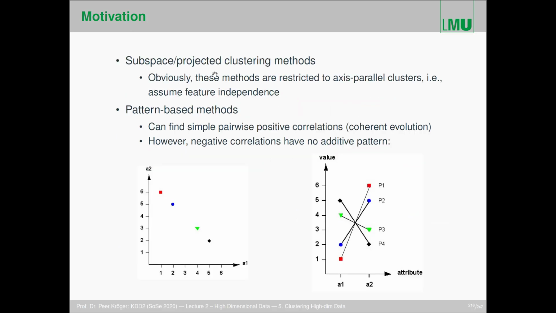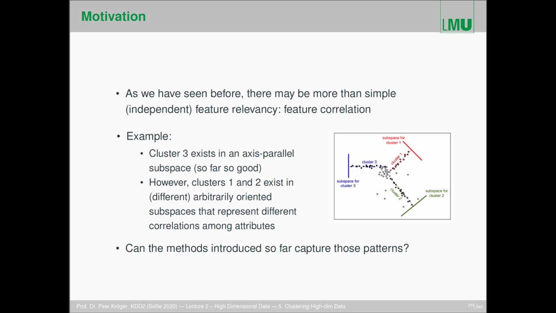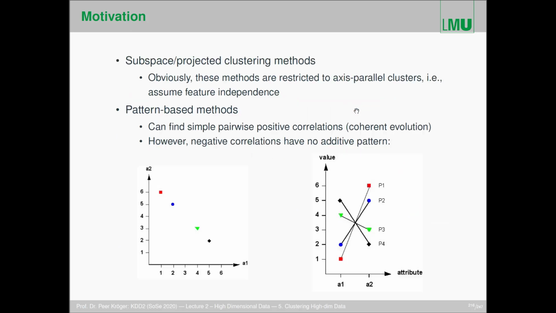Subspace and projected clustering methods are restricted only to axis-parallel subspace clusters, so they assume feature independence. They could potentially detect cluster 3, but they have no chance to detect cluster 1 and cluster 2 because they are not in axis-parallel subspaces. So those methods will not do the job here, or at least not the general job.